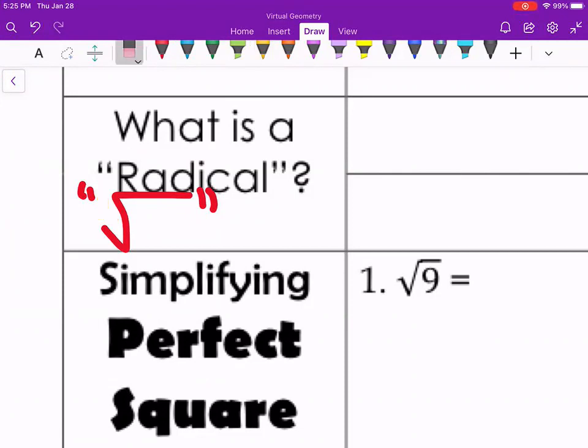In Algebra 2, you will see that sometimes you have a cubed root. There'd be a 3 there, maybe a 4 or another number, maybe a half even. But let's talk specifically about what is that radical sign.